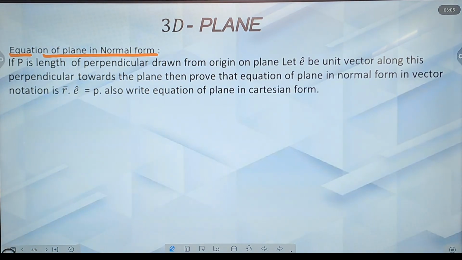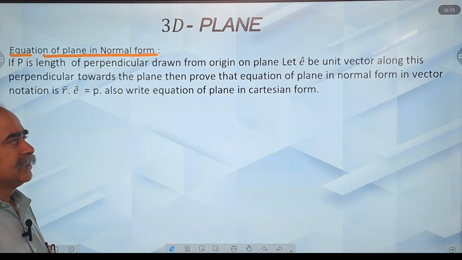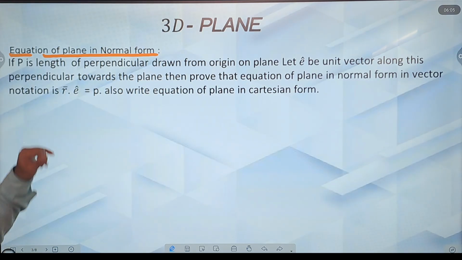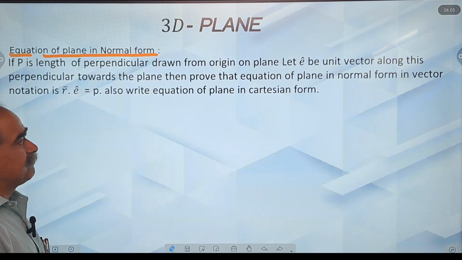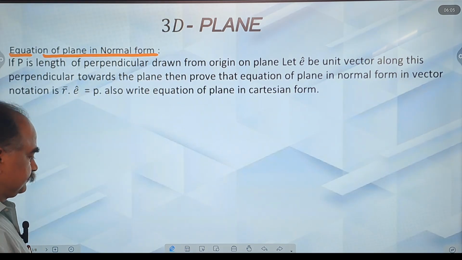If P is the length of the perpendicular drawn from origin on the plane, let E cap be the unit vector along this perpendicular towards the plane. Then prove that the equation of plane in normal form in vector notation is r bar dot E cap is equal to P. Also write the equation of plane in Cartesian form.